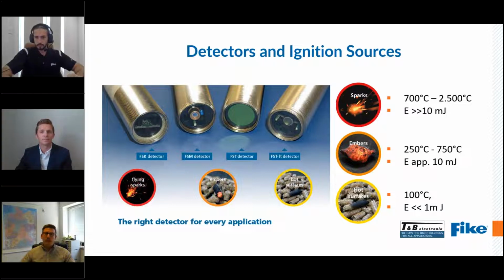If we want to detect typical embers, we choose the FST detector. A new detector in our program is the FSM detector. This detector combines the FSK detector and the FST detector. Last but not least, there is an FST LT detector. This detector is able to detect hot surfaces above 100 degrees.